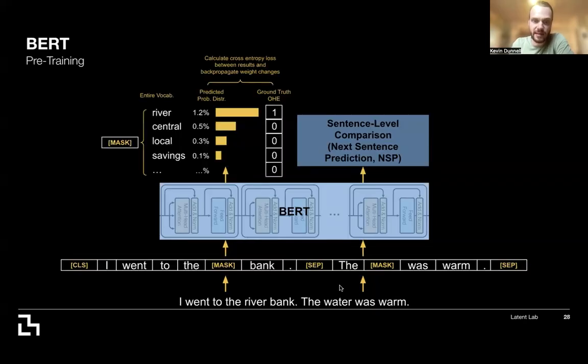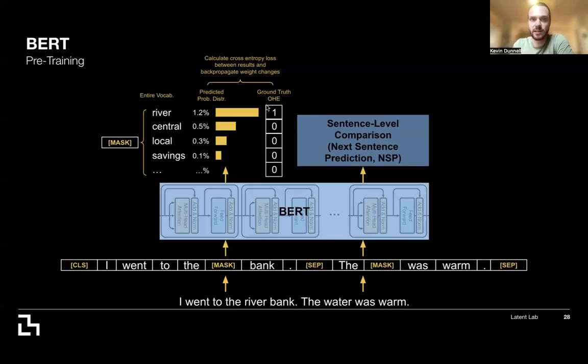As this flows through BERT, again treating this as a black box, during the training phase, for each one of these masked tokens, looking at this first one here, river, which is masked, we're going to get a predicted probability distribution across the entire vocabulary of the language. We see that river is highly predicted here, and we compare that with the ground truth. We know that river is actually the answer, and we can treat it as a one-hot encoding, where the value of river is 1, it's true, and all the other values in the vocabulary are 0.